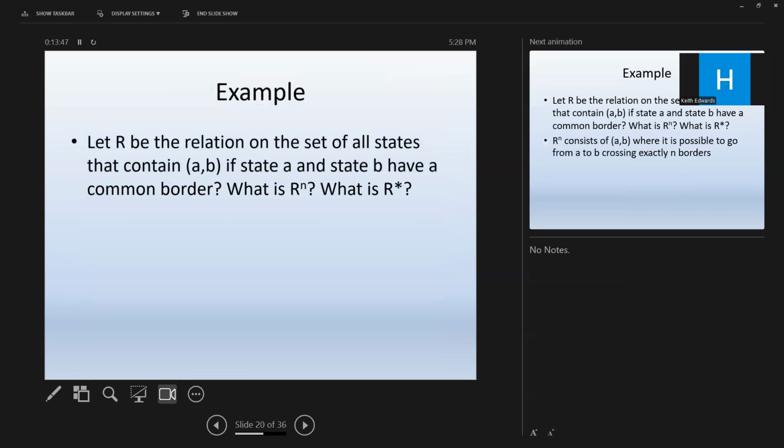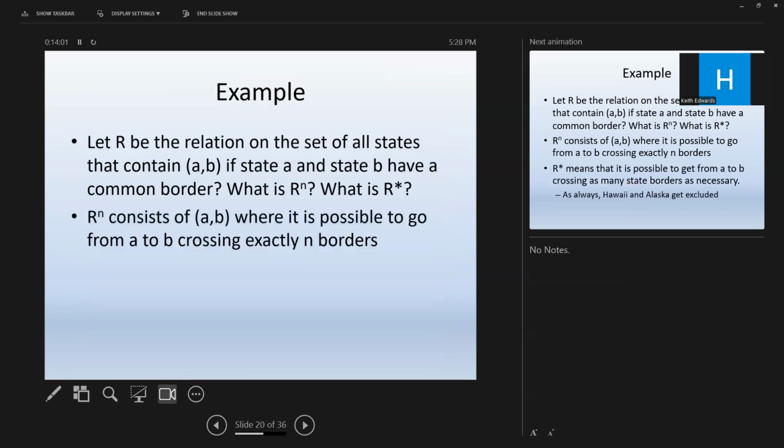A graph or a map of the United States. R contains the set of all states (A, B) if states A and B have a common border. What is R^n and what is R star? So R^n consists of (A, B) where it's possible to go from A to B crossing exactly n borders.